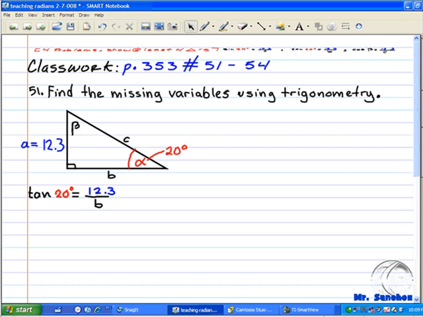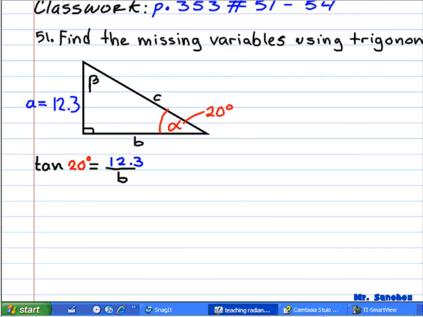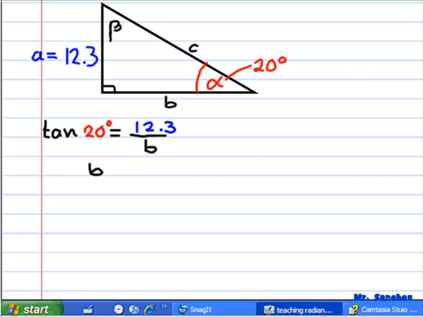This equation of tangent can be solved using algebra, and so using algebra we can rewrite this in another way. By cross multiplying, we can state that the tangent of 20 degrees times b is equal to 12.3.